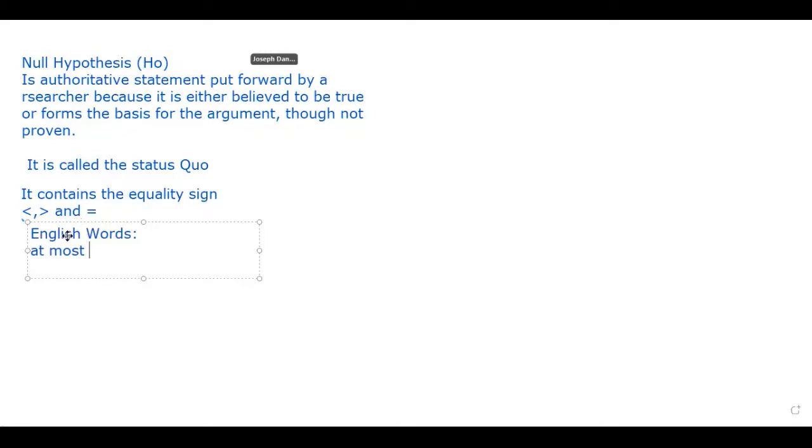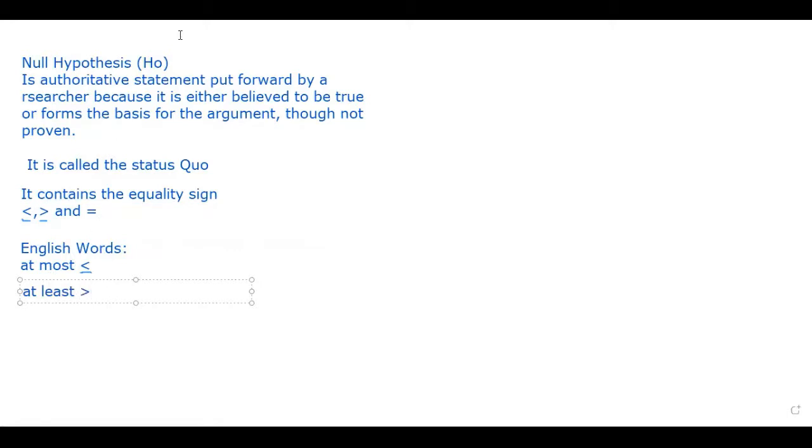So it's which sign? Less than or equal to. Perfect. So less than or equal to. So what about at least? Greater than or equal to. Yes. So at least, the minimum should be this. So at least it's greater than or equal to.